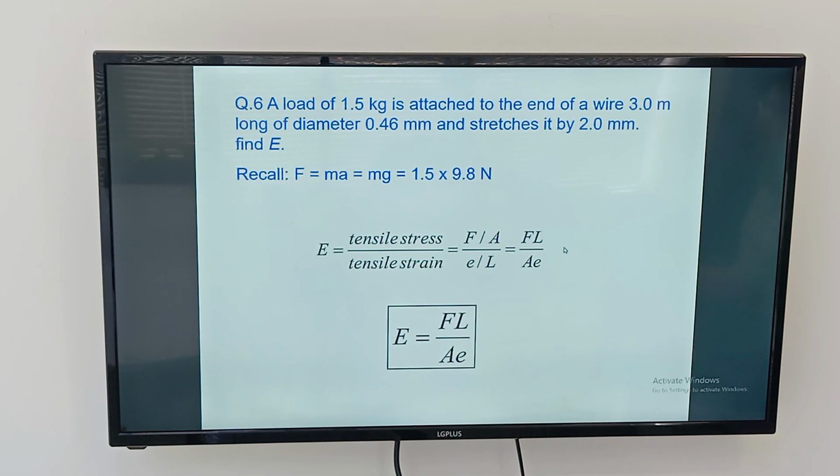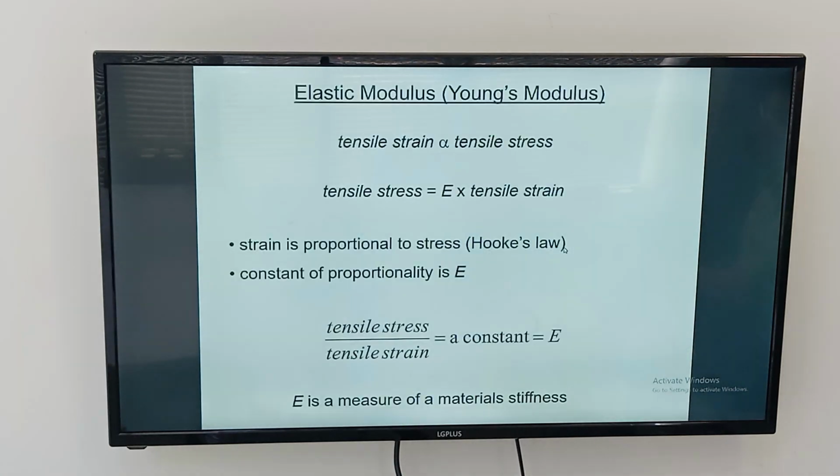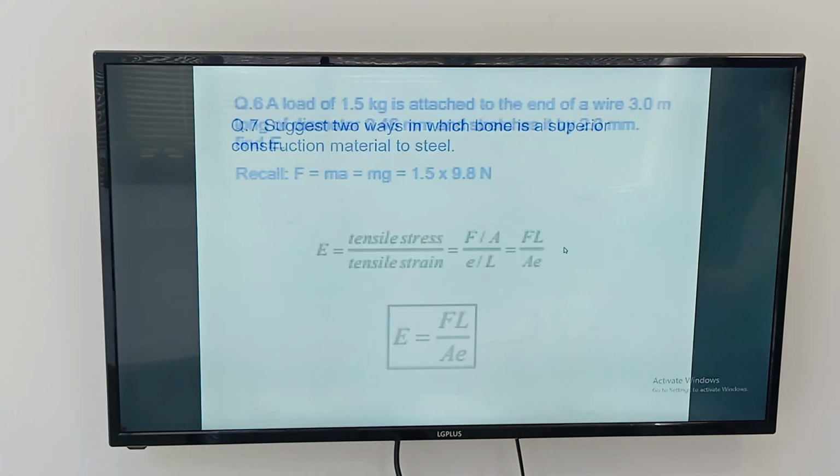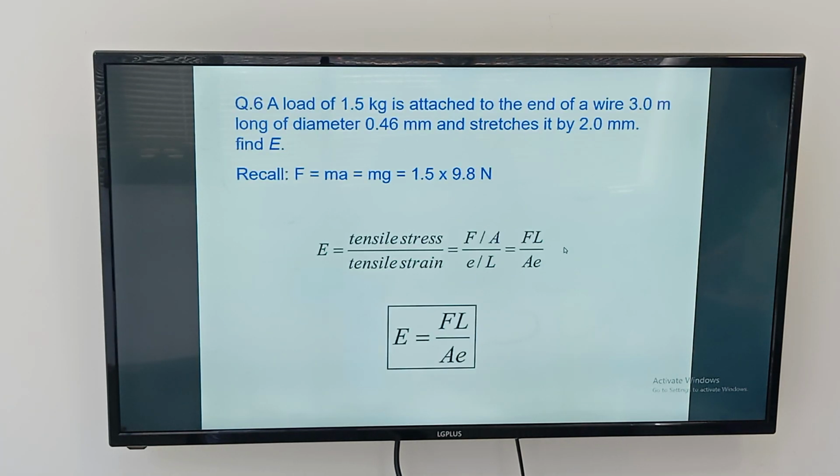Find the proportional constant, as you can see here, the constant E. To solve this question, we have to recall that force equals mass times gravity, which equals 1.5 kilogram by 9.8 Newton. This value is the value of gravity.